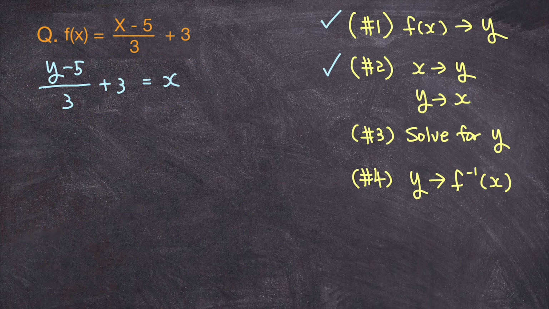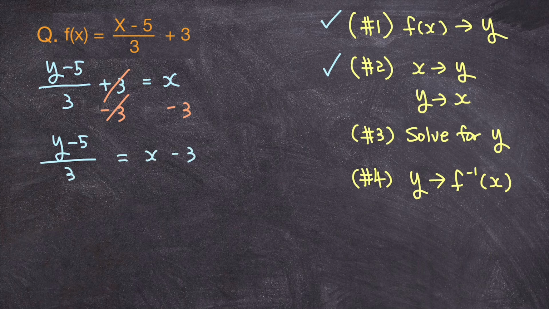Now, in order to solve for y, I need to isolate y, and in order for me to isolate this y, I need to get rid of this integer term of 3 first. And I can do that by subtracting 3 from both sides. Then I get (y minus 5) over 3 is equal to x minus 3.